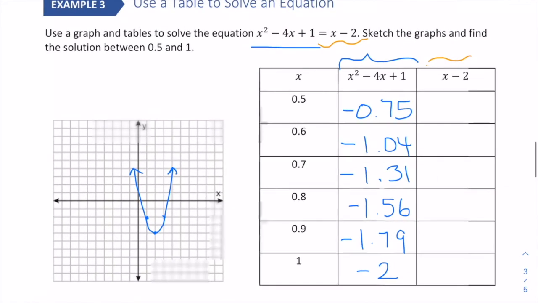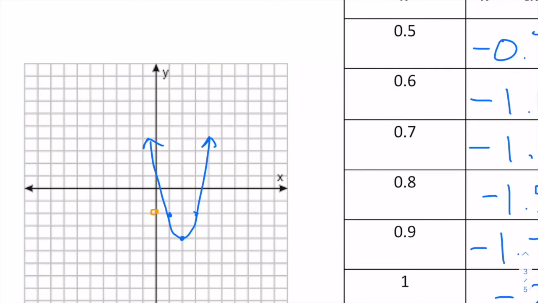Okay, so a line, it's not going to be too bad, right? So we're used to seeing this. Negative 2 is the y-intercept. And then it's going to be up 1 over 1. So I'm just going to plot some points here.